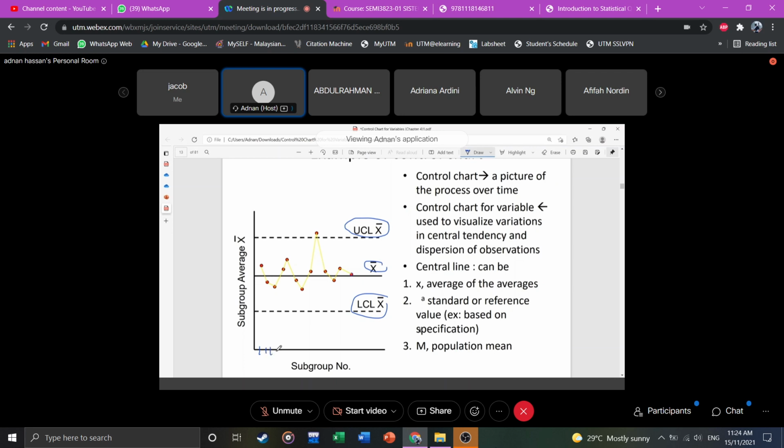We follow the time sequence, in series. So it goes like this. You can see how the variability happens when we do the inspection. Using this graphically, we plot it and we can see the variability visually.